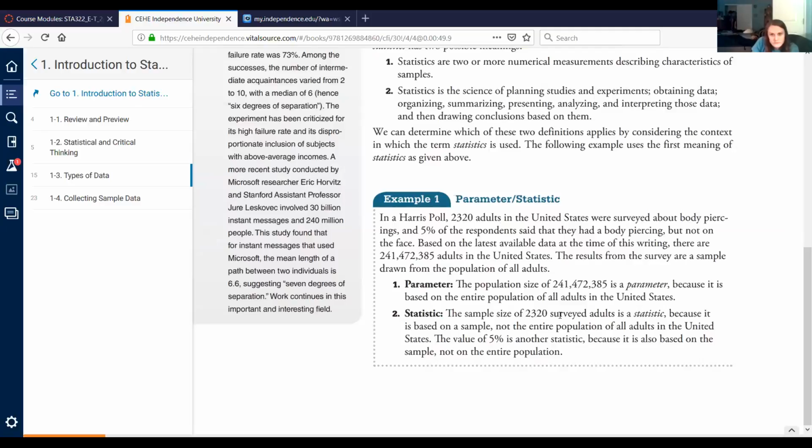Looking at this particular one, I don't know when this was done, looking at these respondents, 5% of them said they had a body piercing. That 5% is a statistic because it's only based on the sample, not necessarily on the entire population.